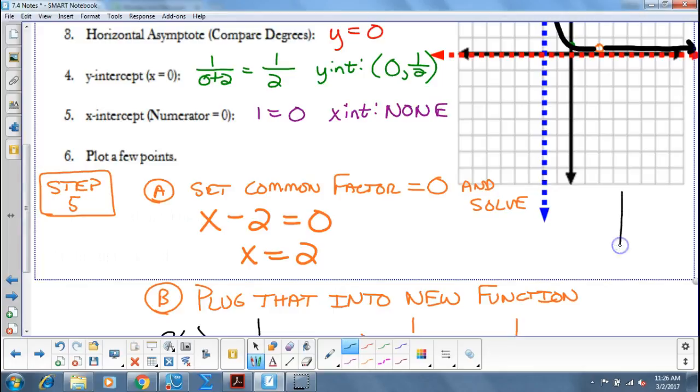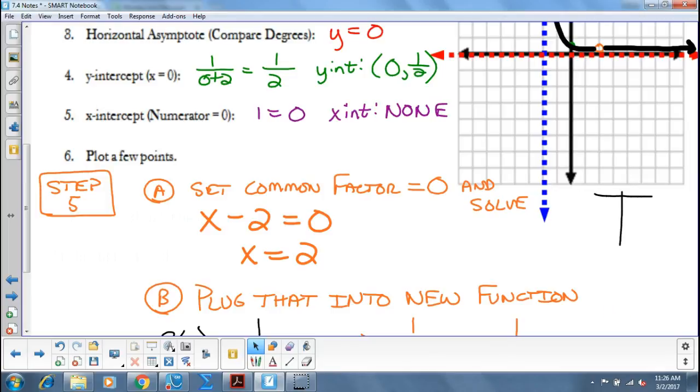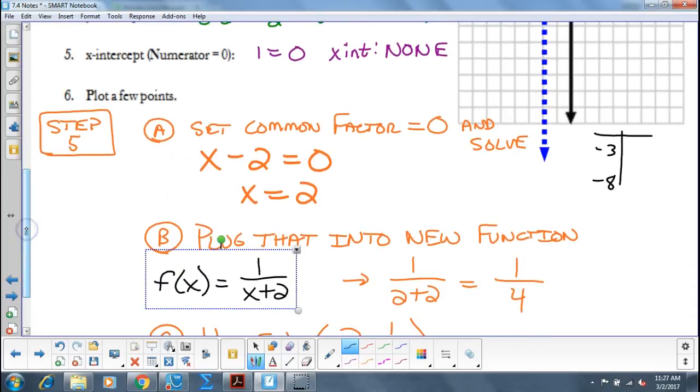Now, we just have to figure out where the function goes on the other side of that. So let's pick some points on the left side of -2. So let's go with -3 and -8. Close to my asymptote, other side of my graph is why I picked those two. So if I put -3 into there, -3 plus 2 is -1. So I get 1 over -1, which is just -1.